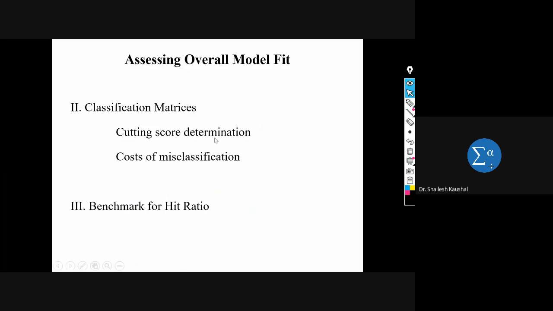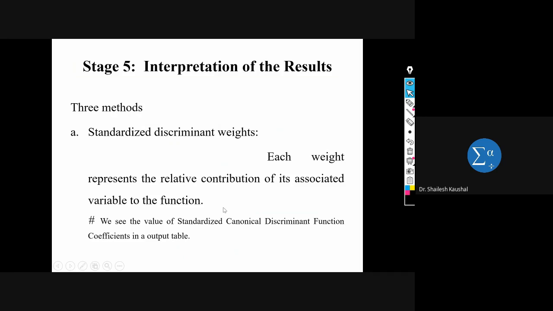Now classification matrices, cutting score determination, cost of misclassification, benchmark for hit ratio, or we use the interpretation of the result. There are 3 methods: standardized discriminant weight. Each weight represents the relative contribution of its associated variable to the function. So we can see the value of the standardized canonical discriminant function coefficient in the output table.